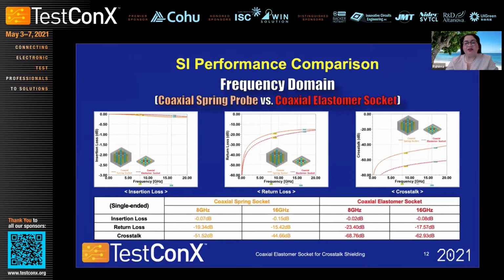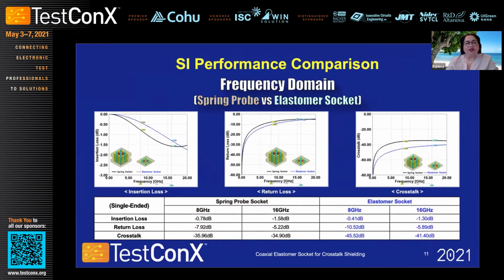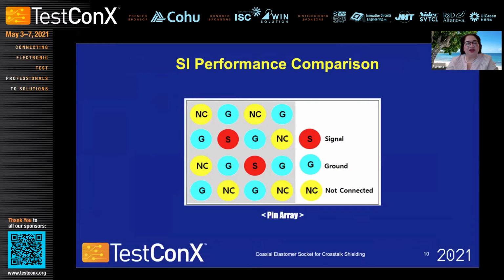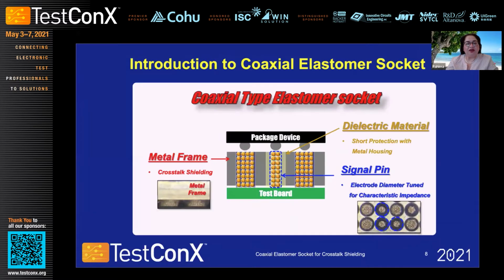Okay. So a third question is, what's the dielectric constant of the elastomer surrounding the pin and its loss tangent? Because I think in the picture here you have a dielectric material. Folks are very interested in knowing the dielectric constant of the elastomer surrounding the pin and its loss tangent.